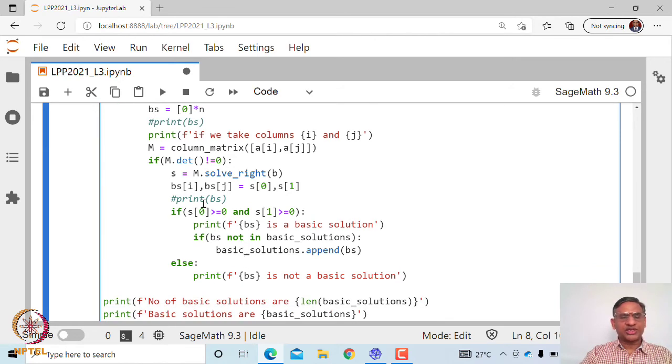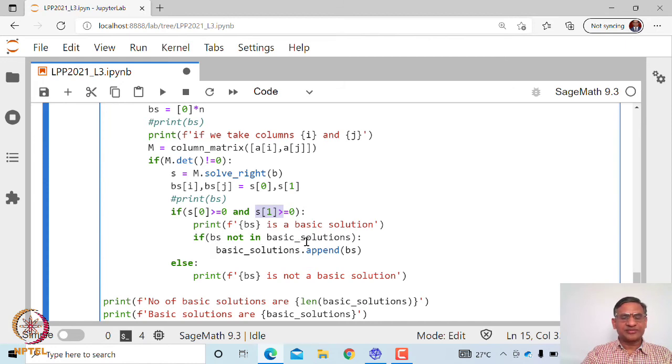And then let us check whether the solution which we have got has all non-negative components. That is, if s of 0 is non-negative and also s of 1 is non-negative, then this bs will become a basic feasible solution, otherwise it is not going to be a basic feasible solution.